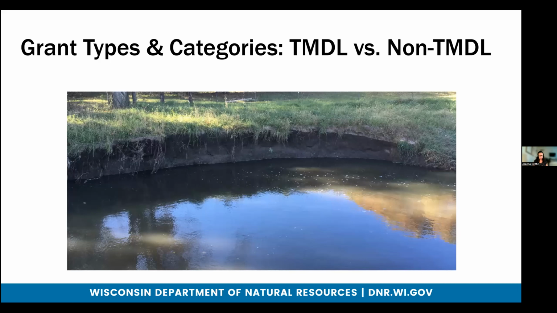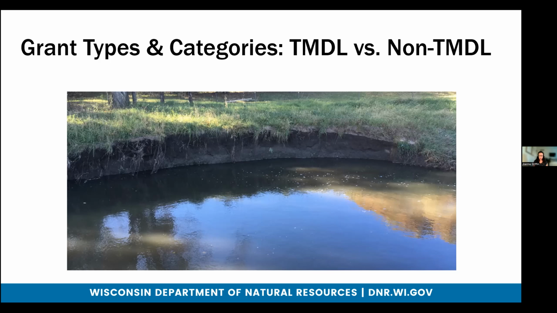We learned earlier that TMDL projects can address pollution sources for which there's no performance standard. So if we consider a scenario in which stream bank erosion is not caused by non-compliance or unlimited animal access, but rather by changes in watershed hydrology due to agricultural land use in the upstream watershed, there's no performance standard that addresses erosion due to upstream changes in hydrology, even though this can be a significant pollution source.